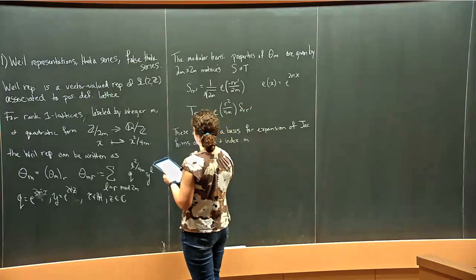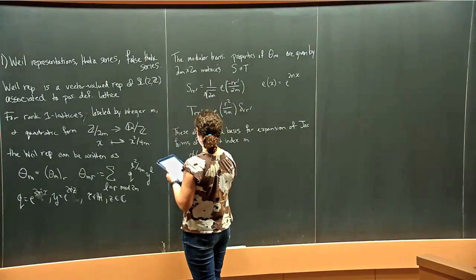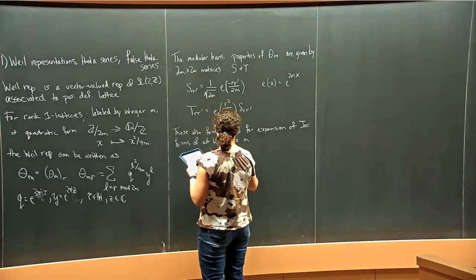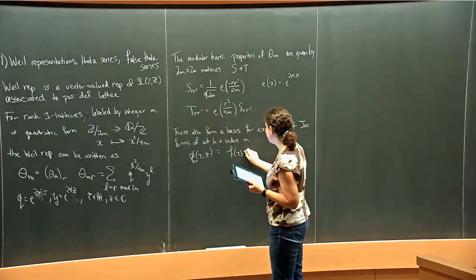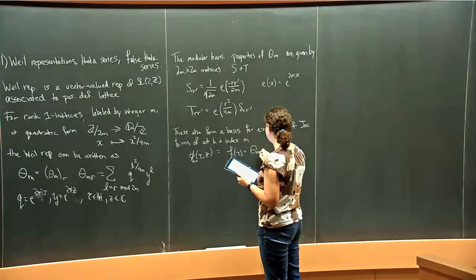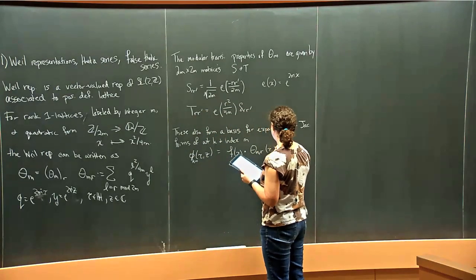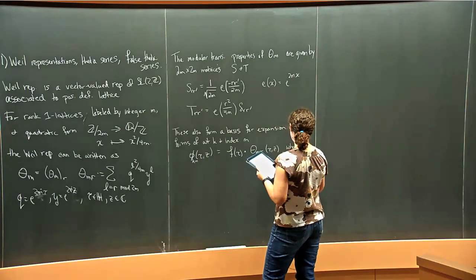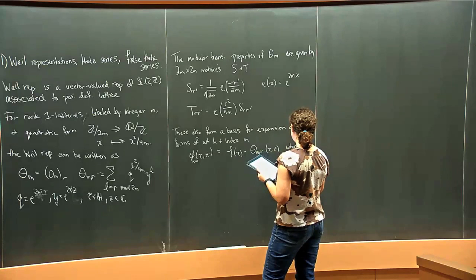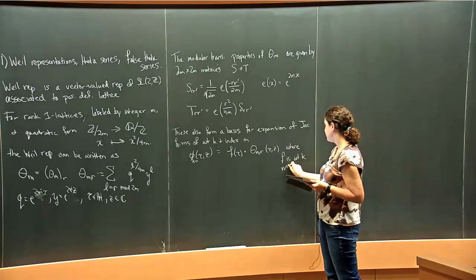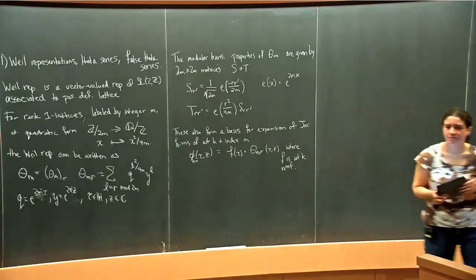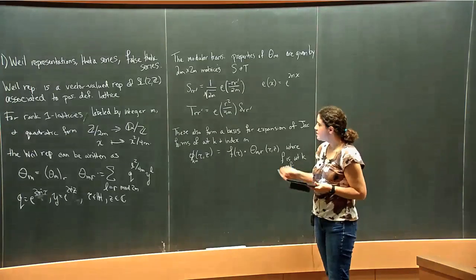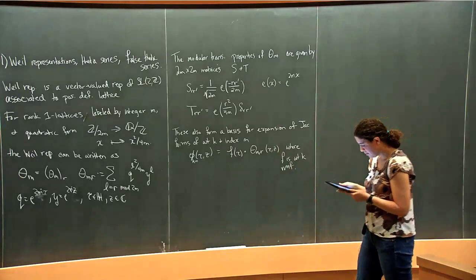So you can write a Jacobi form phi_{k,m}(tau, z) as a vector valued modular form f dot these theta functions, where f is a weight k vector valued modular form, VVMF. So these are things we're super familiar with.